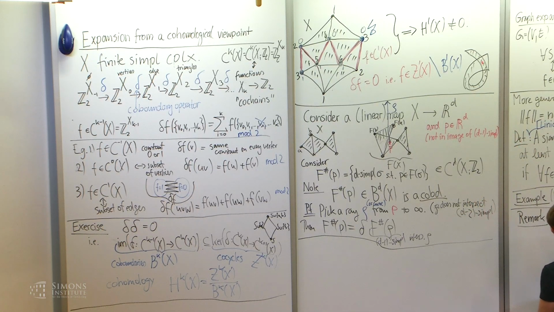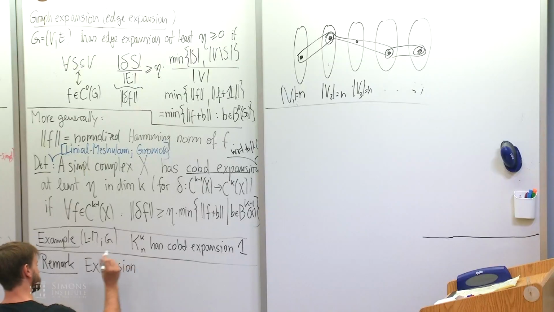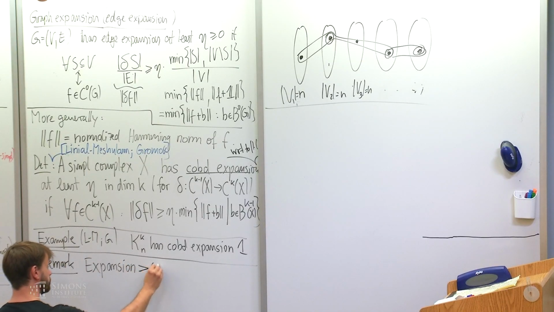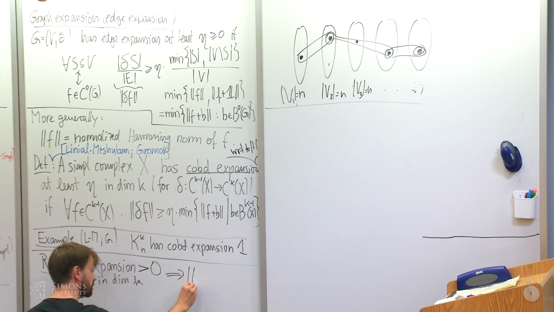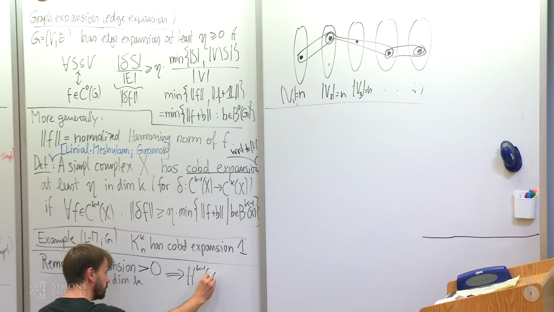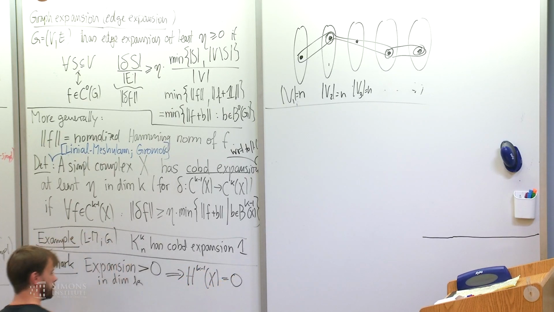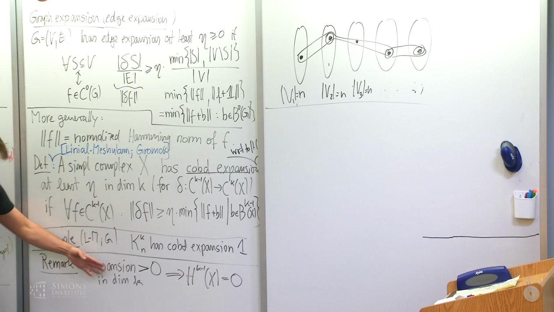If I have a complex that has expansion greater than 0 in dimension k, this implies that hk minus 1 of x is 0. Just like edge expansion implies that my graph is connected, which means that h0 disappears. Let's say two-dimensional expansion larger than 0 implies that the first cohomology disappears, and so forth. And it's a quantitative version of this.